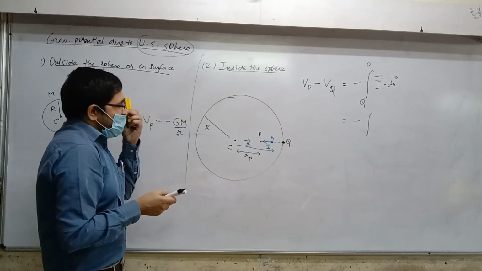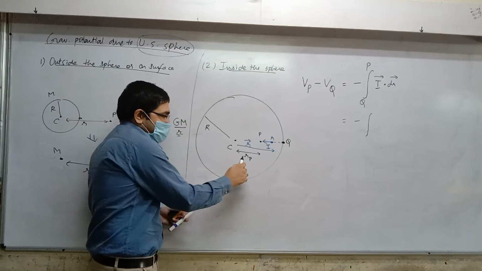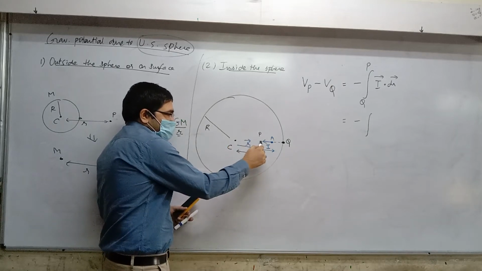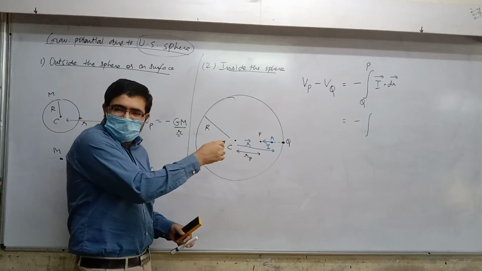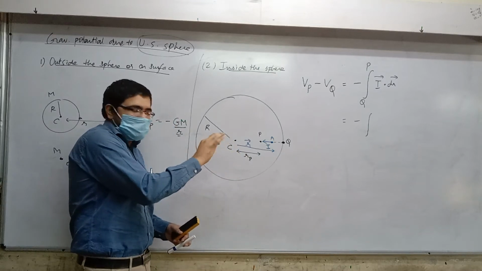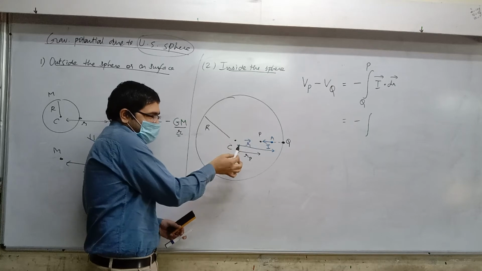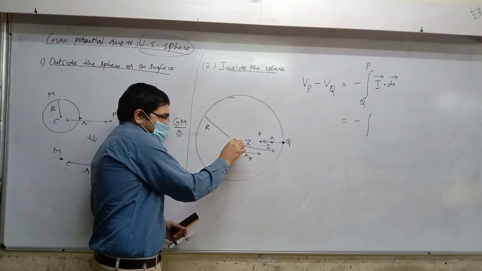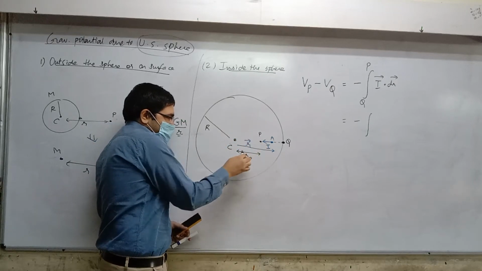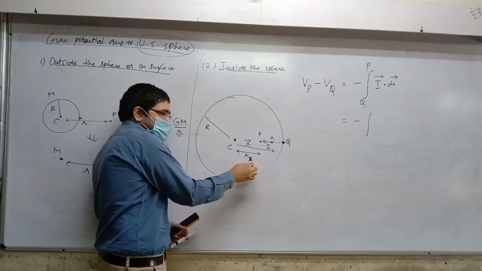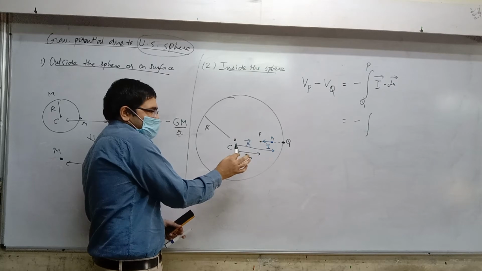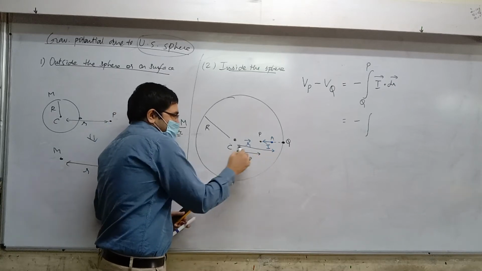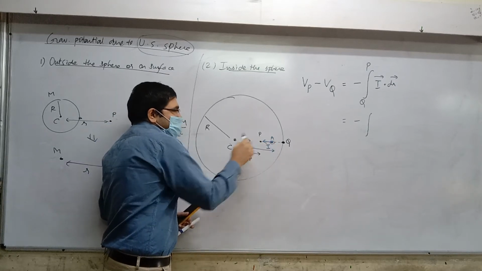I am writing RP here. What is the meaning of RP? Distance of point P from center. Small change here, no big deal. So this R vector is the position vector of point A.